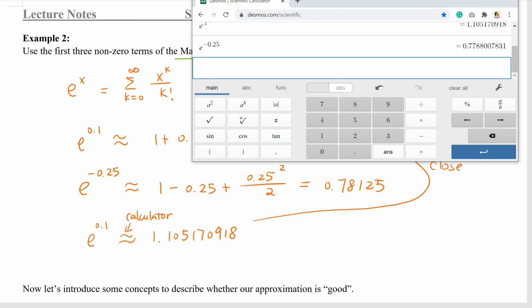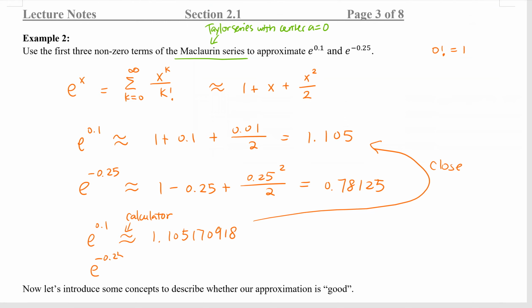So the answer is 0.7788007831. Okay, so that's e to the minus 0.25. But in your calculator, maybe they are different buttons, so you've got to be very careful. You can see this one is also close to our answer.